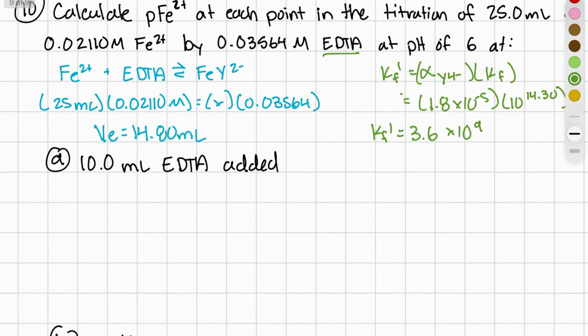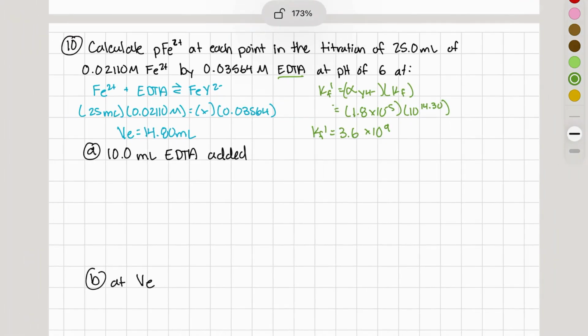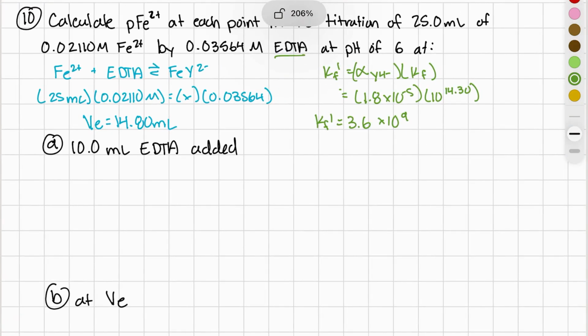All right. So if we're going to look at part A, this is 10 milliliters of EDTA have been added. So the first step is wondering, okay, where are we? At this point, we are before VE. So we're actually, what, just 10 milliliters before VE?